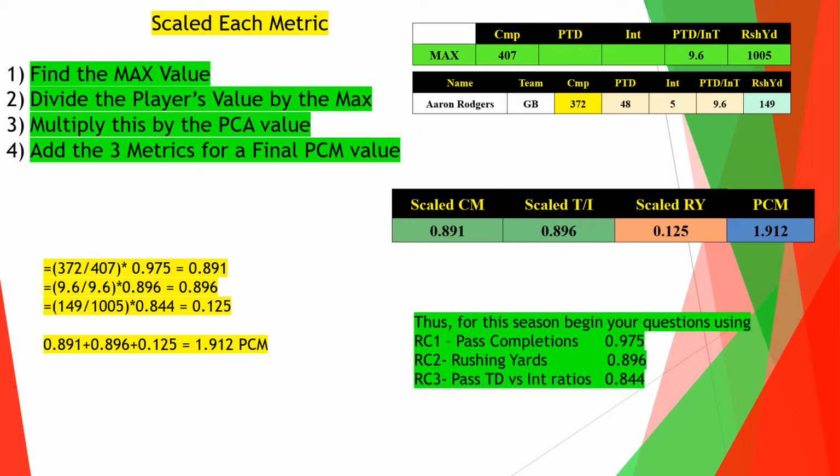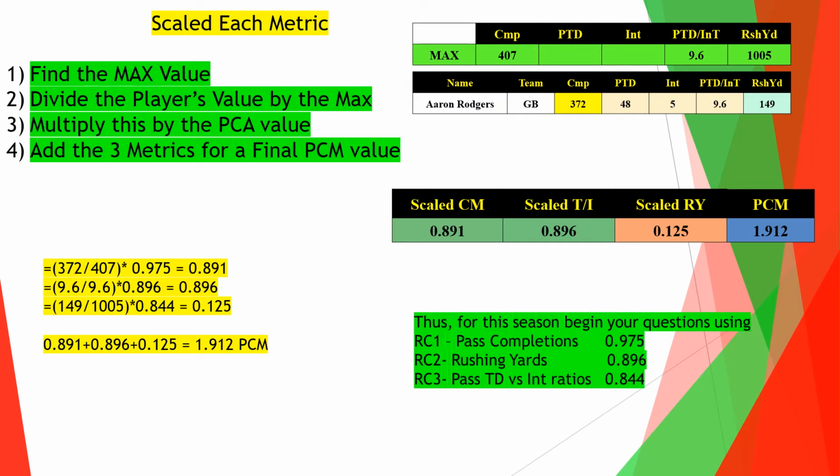I found the maximum value for 2020, and that was 407. The maximum value for TD interception was 9.6, and the rushing yards was 1,005. So that represents 100% the best that happened last year.